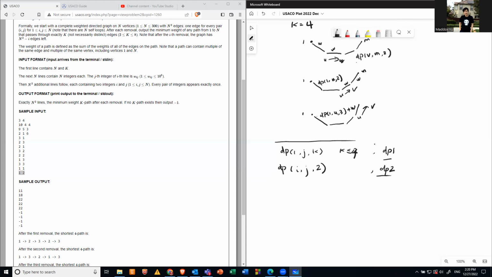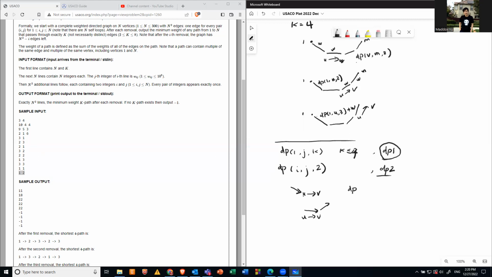So above is basically how I calculate dp1, right? Now, how do I do dp2? dp2 is easy. Every time you add an edge from u to v, because k is 2, there are only 2 cases you need to update.